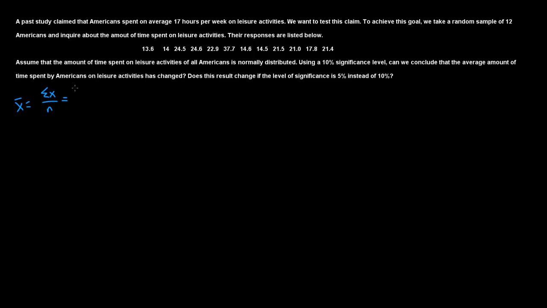Now, I should probably go ahead and calculate this. I didn't do this beforehand, so I'm going to do this all in a candid manner. Let's see what we get here. So we have 13.6 plus 14 plus 24.5 plus 24.6 plus 22.9 plus 37.7 plus 14.6 plus 14.5 plus 21.5 plus 21 plus 17.8 plus 21.4.